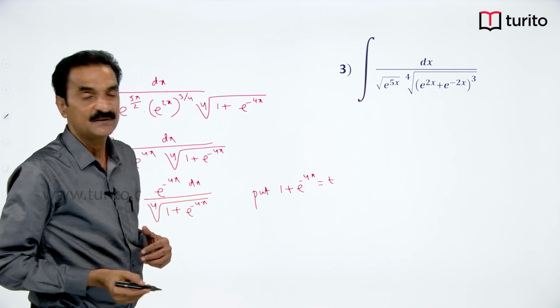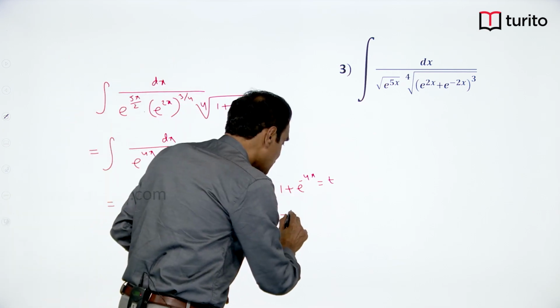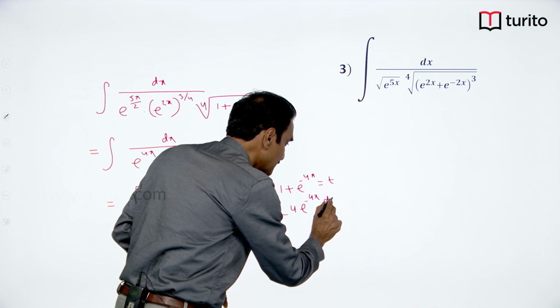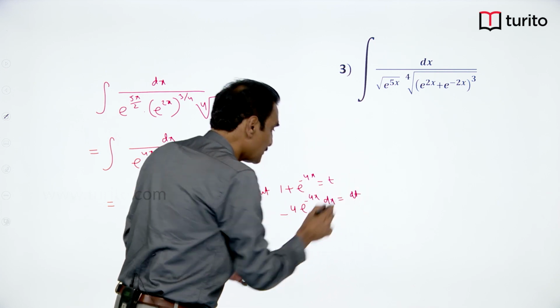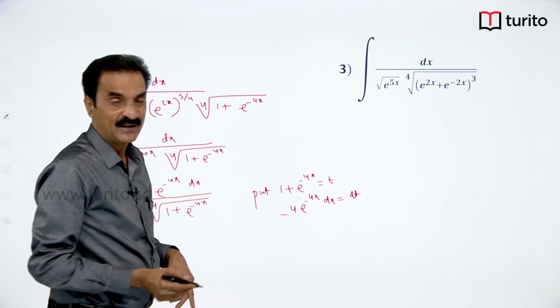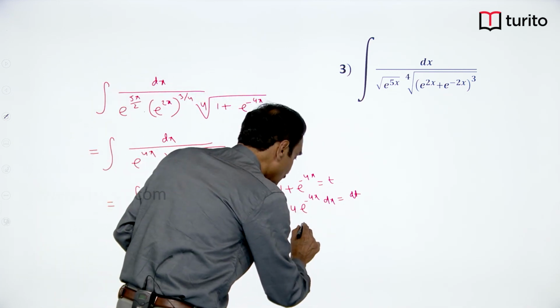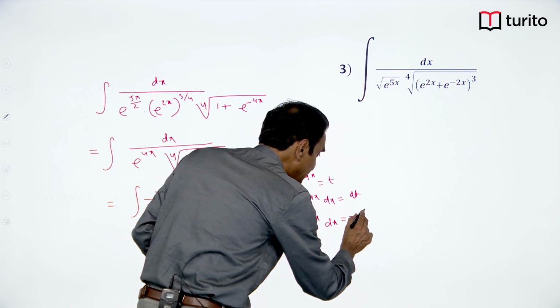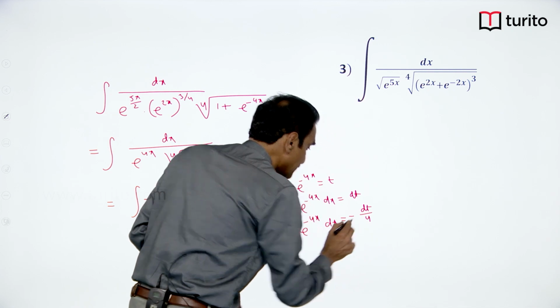Its derivative is minus 4 into e power minus 4x into dx is equal to dt. Taking minus 4 to right hand side, e power minus 4x dx is equal to minus dt by 4.